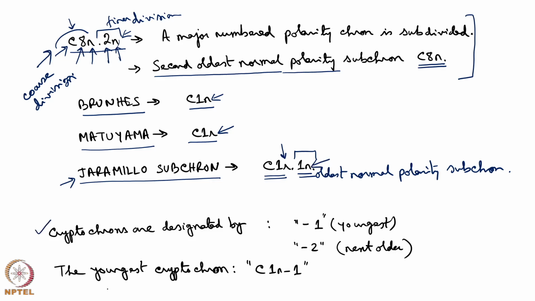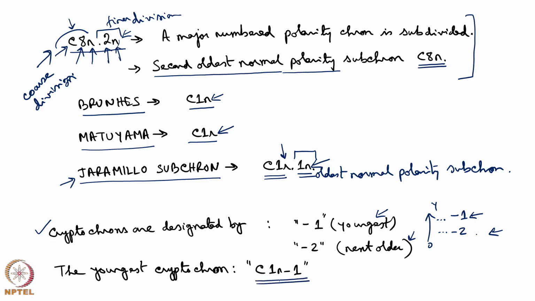The cryptochrons are designated by dash 1 as the youngest and dash 2 by the next older. So, in the succession they have to be something, then dash 1 and then something dash 2. This dash 2 one has to be at the bottom, dash 1 has to be at the top, because this is the younging direction. And the youngest cryptochron is C1N dash 1.